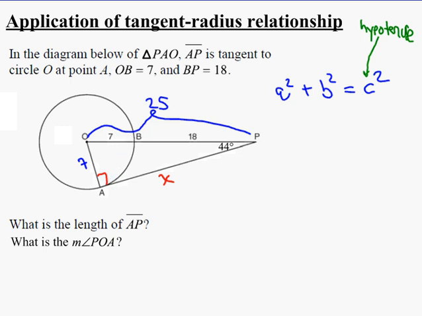So the hypotenuse is 25, and I have to make sure that when I plug in, the 25 is in the place of C. Okay, so let's go ahead and solve. I'm going to say x squared plus 7 squared equals 25 squared. So I get x squared plus 49 equals 25 squared, which is 625.